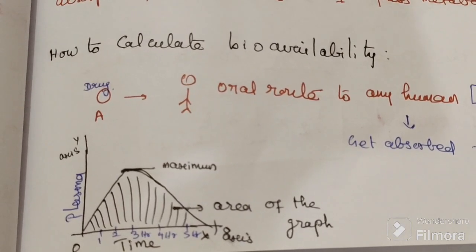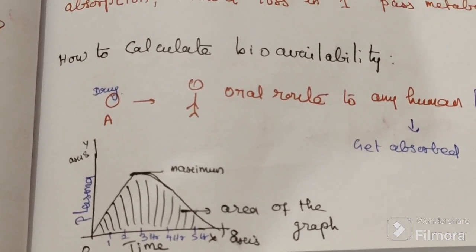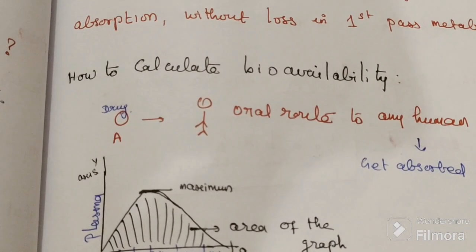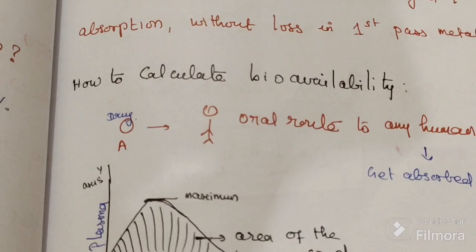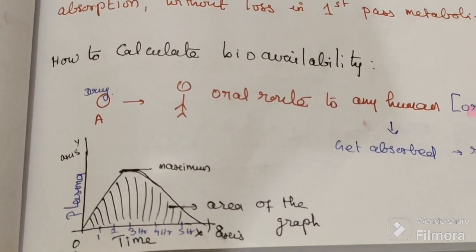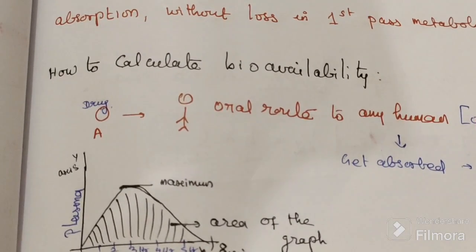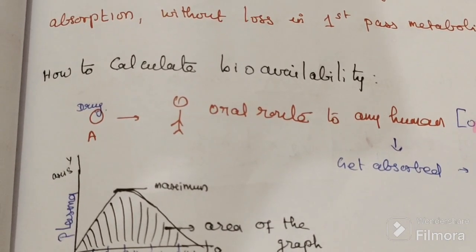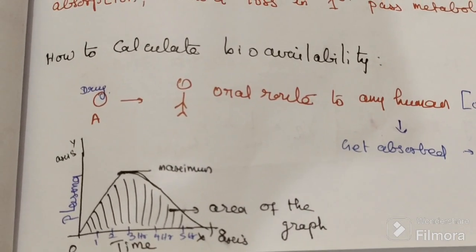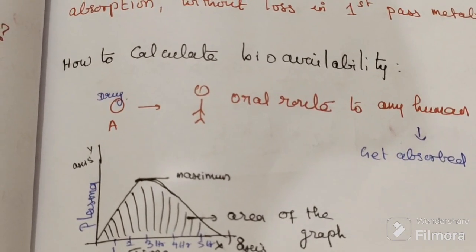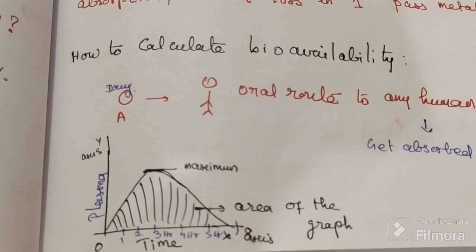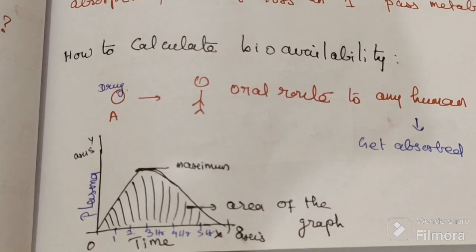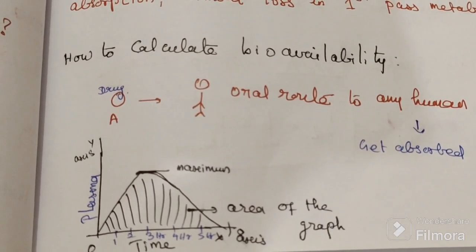It will go inside, get absorbed and reach the blood, so the concentration in the blood will increase gradually. On the x-axis take the time, and on the y-axis take the plasma concentration of the drug. Plasma means in the blood.